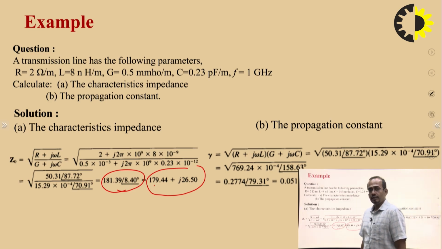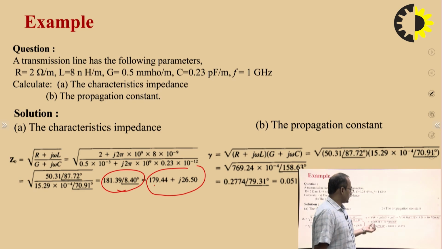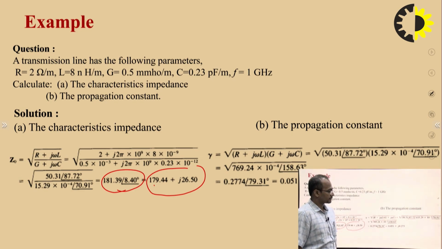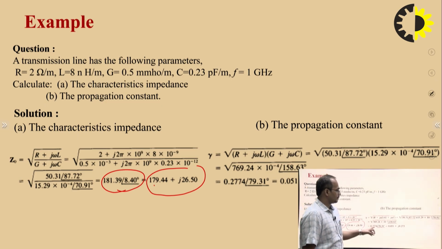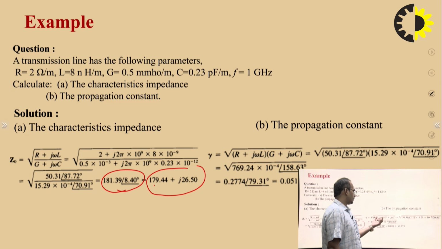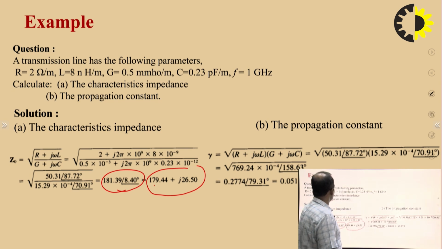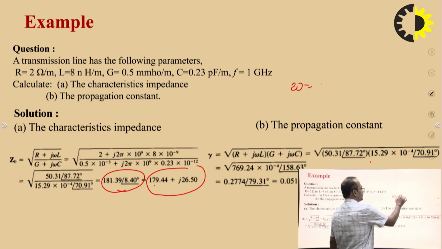Now the propagation constant gamma is equal to square root of (R plus j omega L)(G plus j omega C). R is 2 ohm per meter, and for G plus j omega C, after putting all these values, you have to find omega, which is equal to 2 pi f.